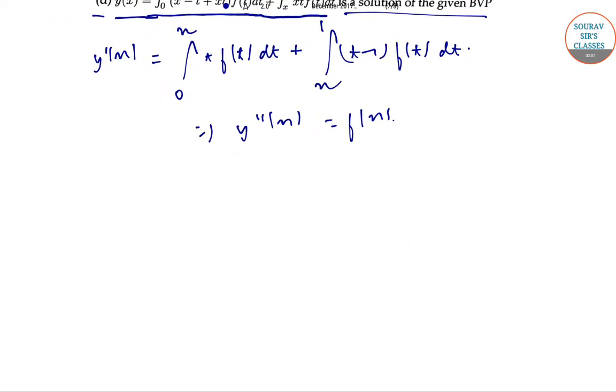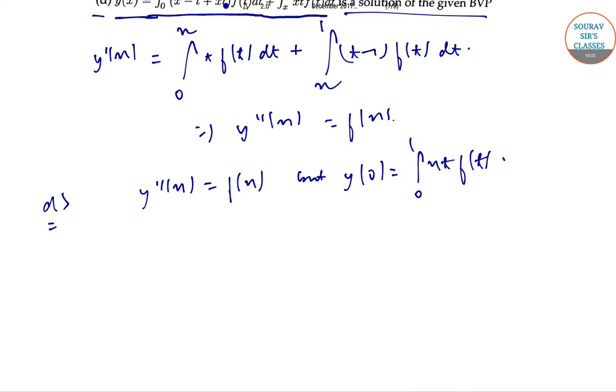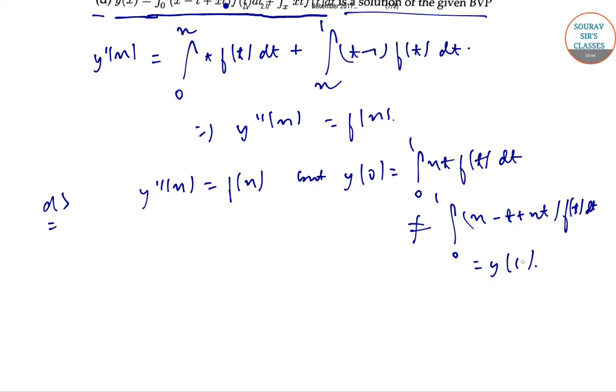And for option D, on differentiating and again differentiating, that is, on double differentiating, we get y''(x) = f(x), but y(0) = ∫ from 0 to 1 of xt f(t) dt is not equal to ∫ from 0 to 1 of (x − t + xt) f(t) dt, which equals y(1).